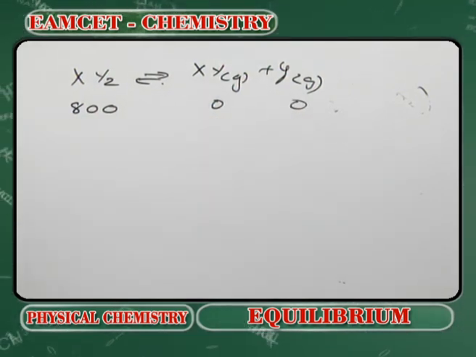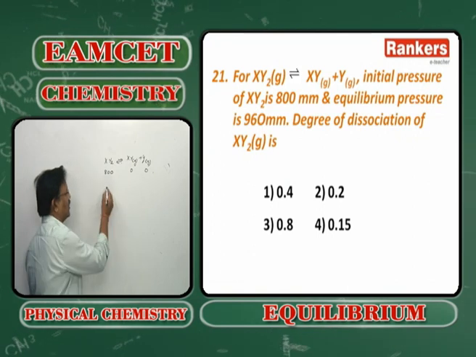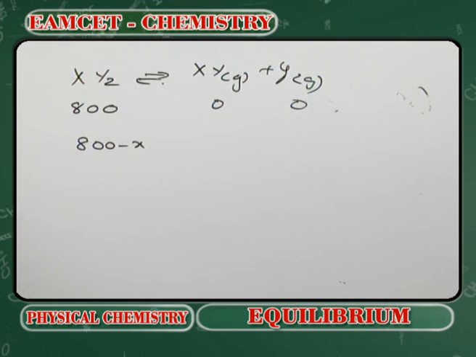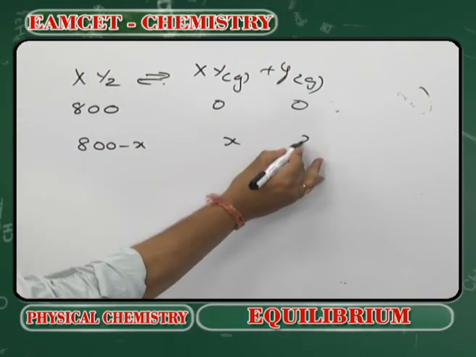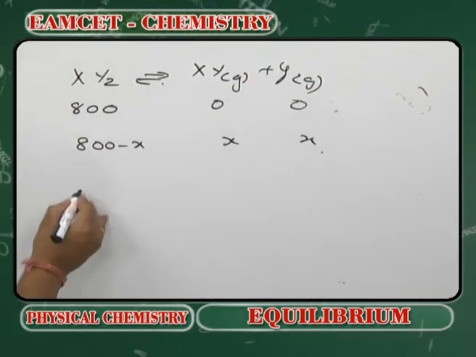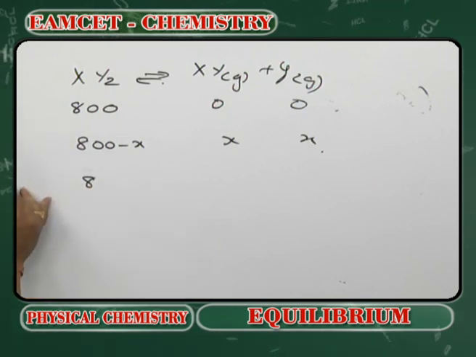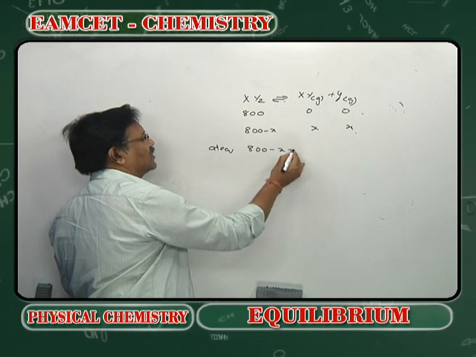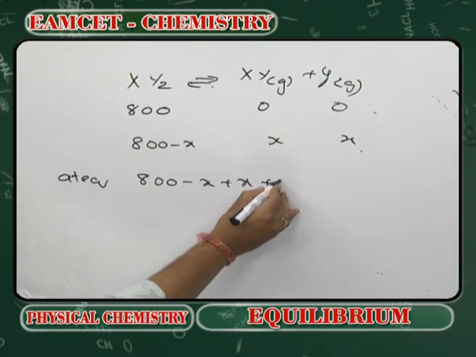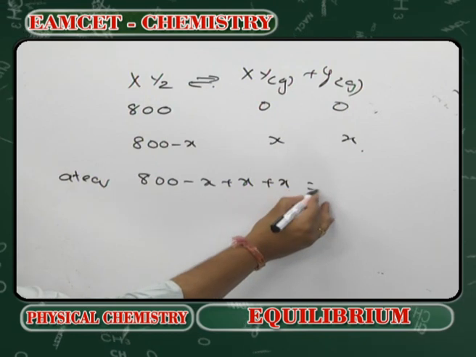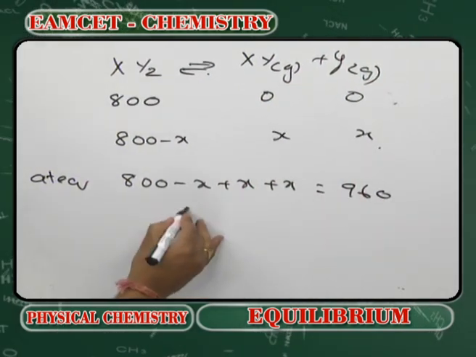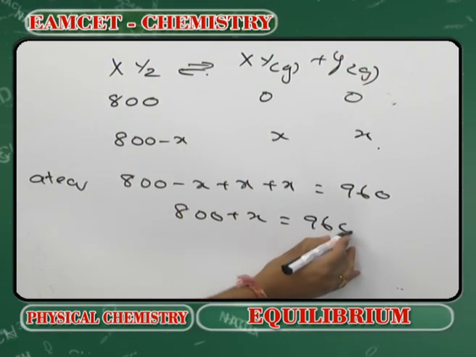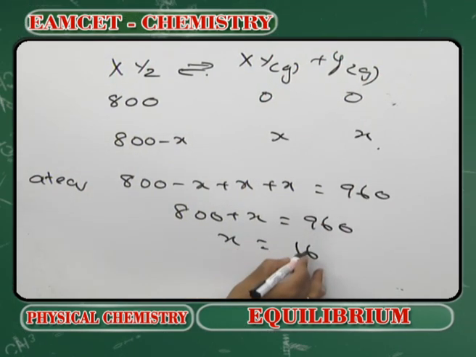At equilibrium, 800 minus x, x, x. So what is the total pressure at equilibrium? 800 minus x plus x plus x is equal to 960. 800 plus x is equal to 960. x is equal to 160.